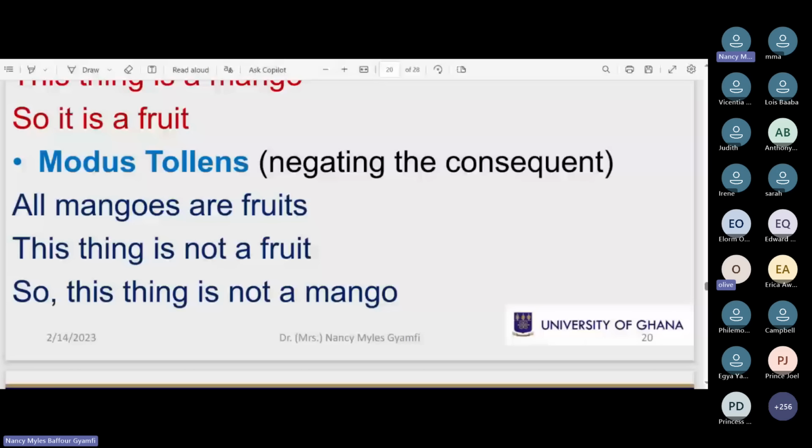If Amma has a passport, then she can travel. Our consequent is she can travel. So we bring the consequent first, but this time negated. She cannot travel. Therefore, then we go and bring the antecedent next, also negated. Therefore, she does not have a passport. And that is correct. Good.